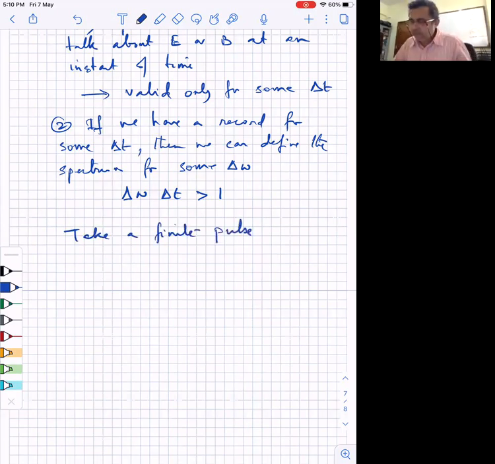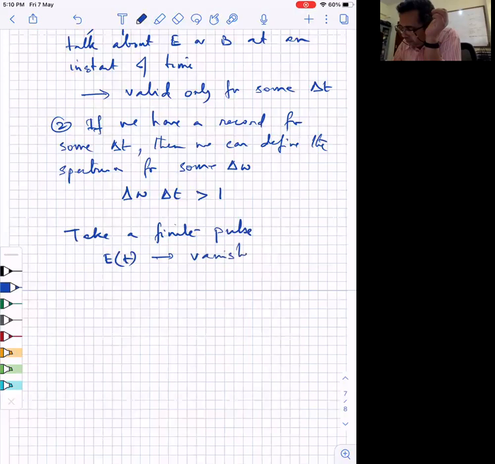Finite pulse. Okay, so E of t has a finite pulse. Basically it vanishes as t goes to plus minus infinity.